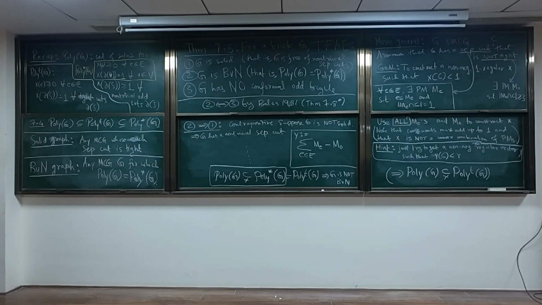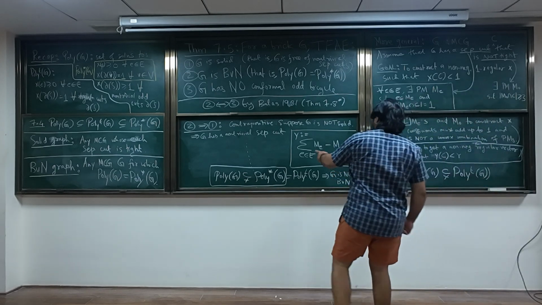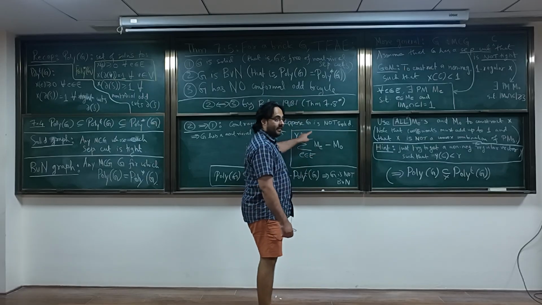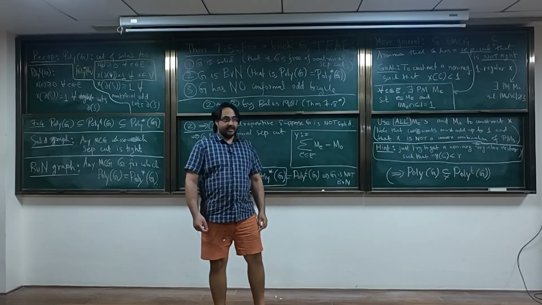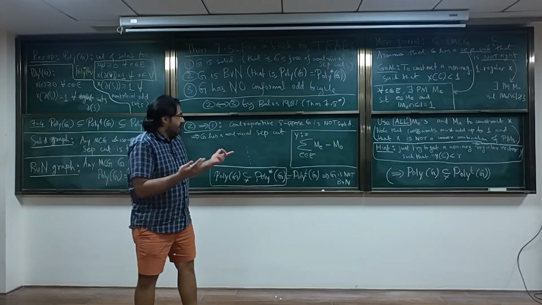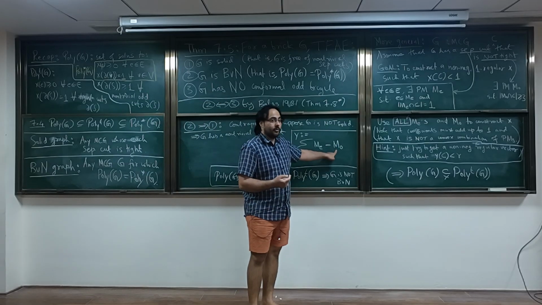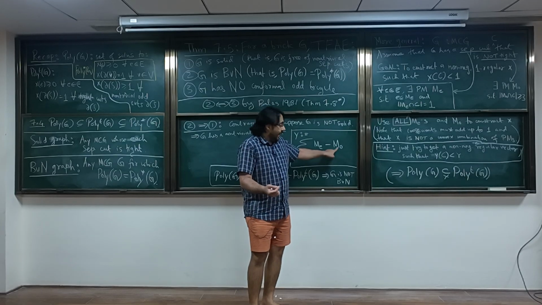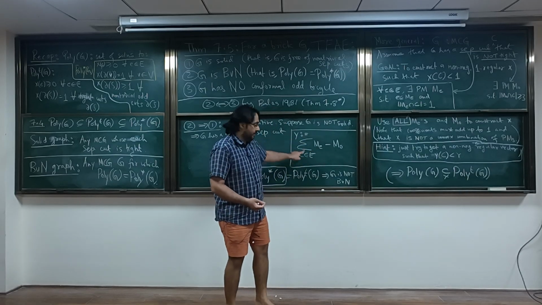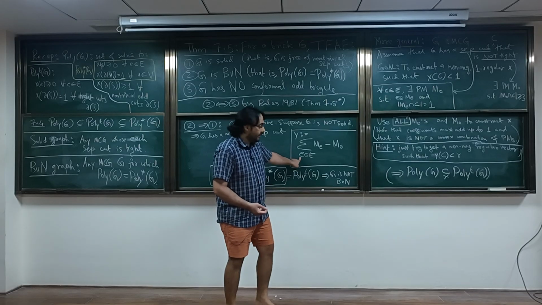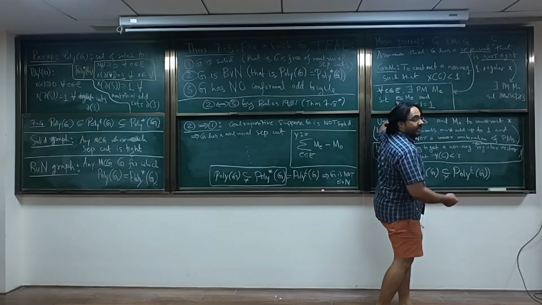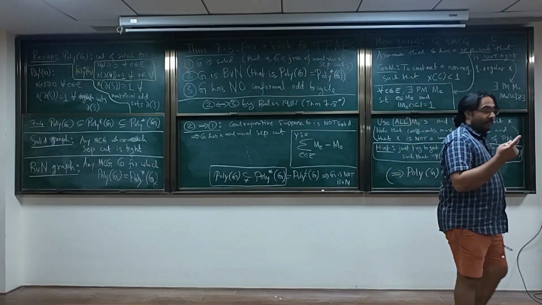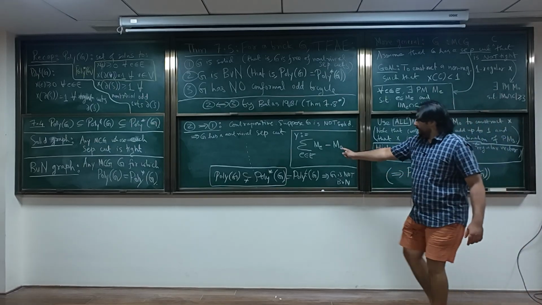And is it non-negative? That's the tricky part. That is where this really helps you. Consider any edge of the graph. How can it become negative? It can become negative only because of this fellow, if it is used here. The good news is it was used at least in one perfect matching in the sum, because this is a summation over all edges, and M_e contains e. So every edge was used at least once in this summation.